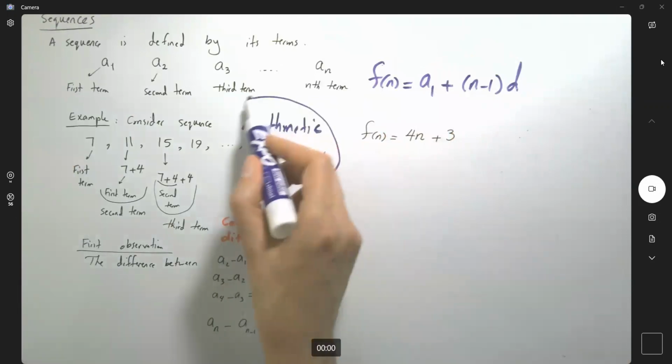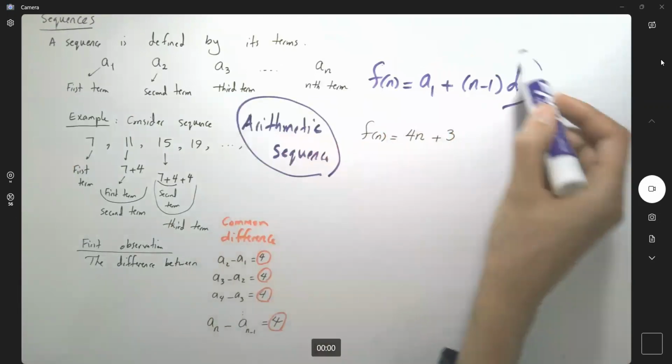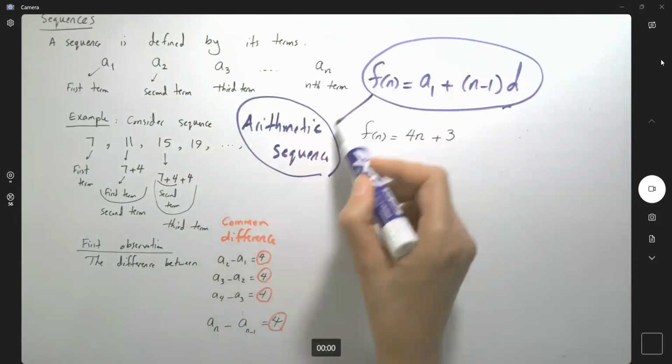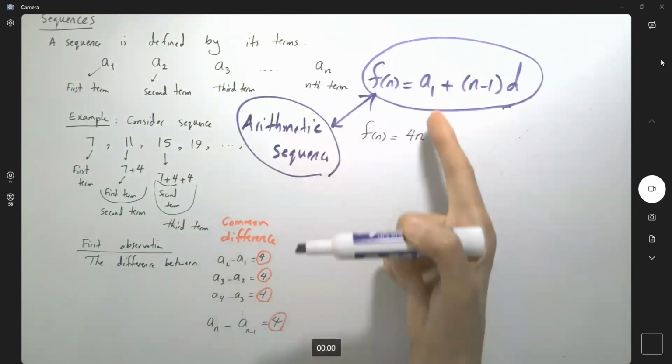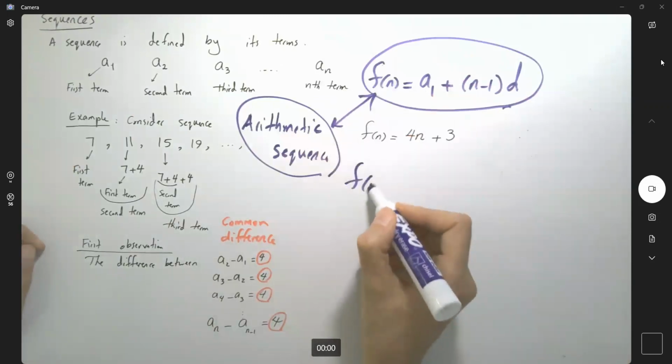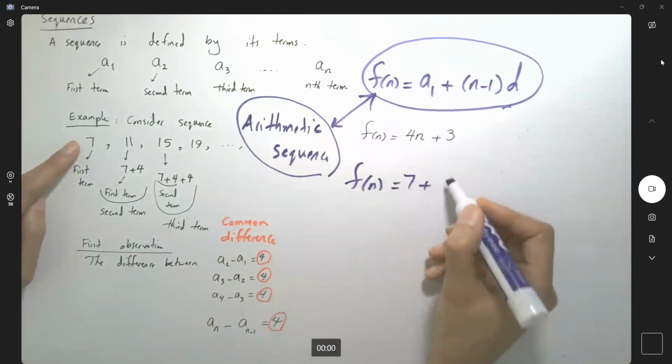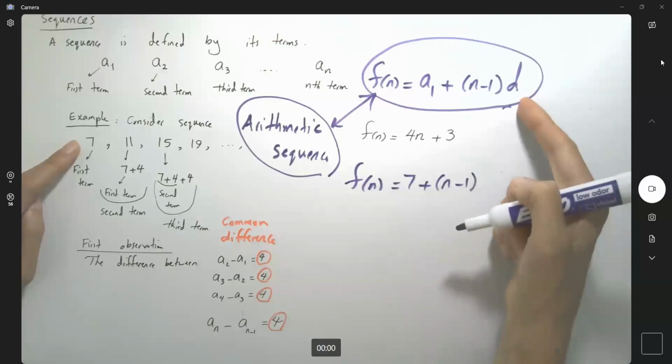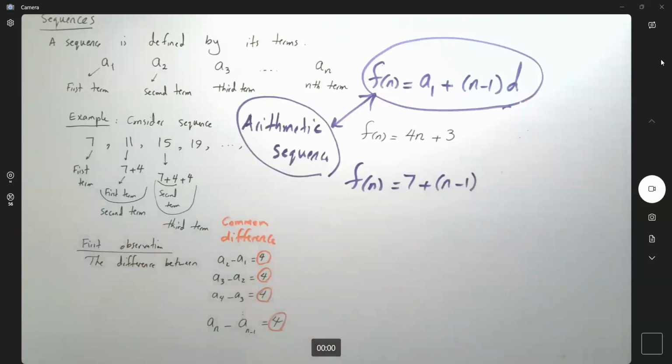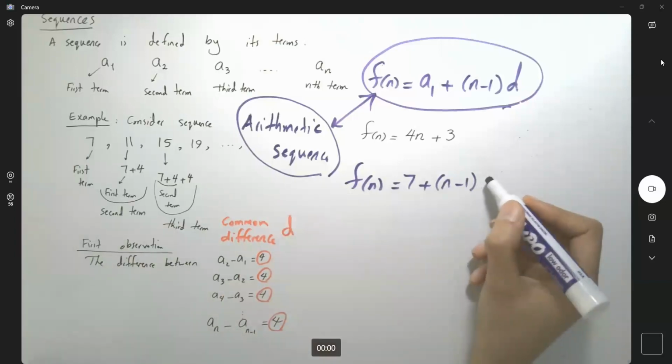So if you have an arithmetic sequence, this is the general term formula. Well, what is a sub 1? I show you this is exactly the formula. It is 7 plus n minus 1 times d. d is the common difference, which is going to be 4.